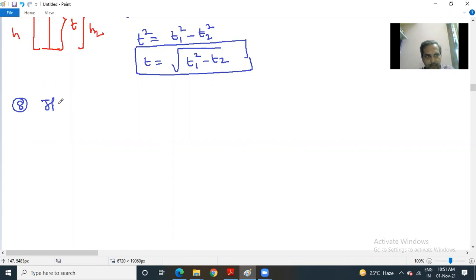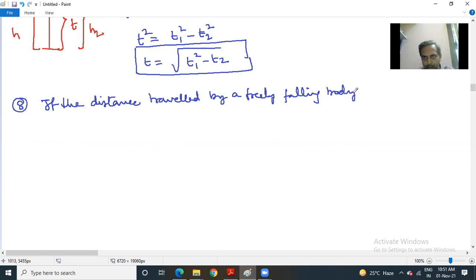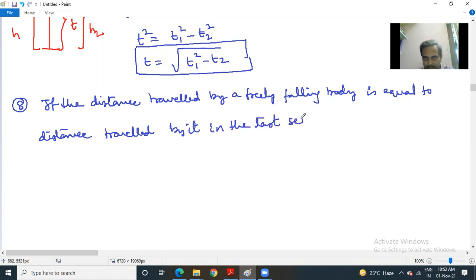If the distance traveled by a freely falling body is equal to the distance traveled by it in the last second, then the time of fall is.